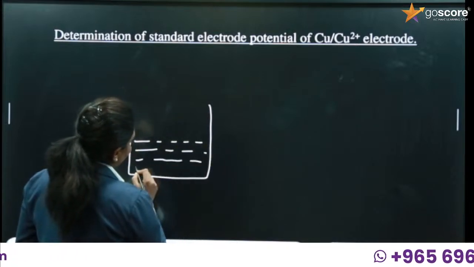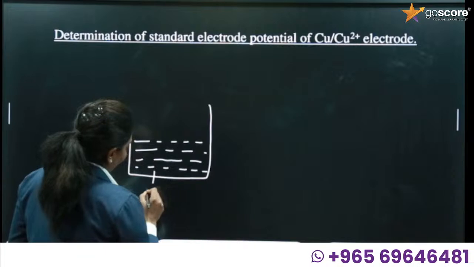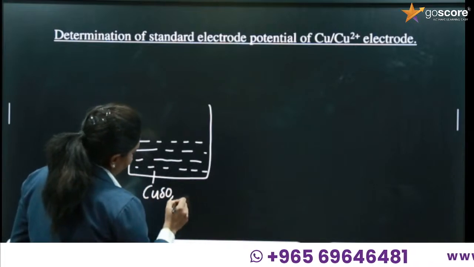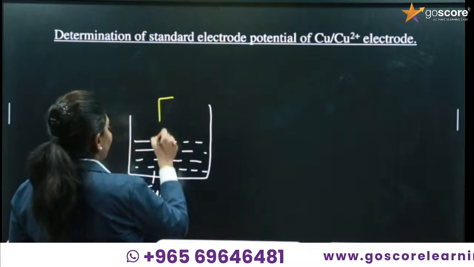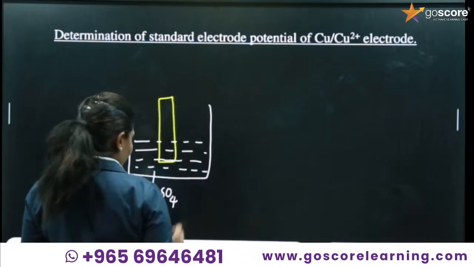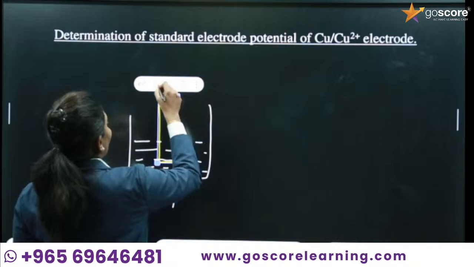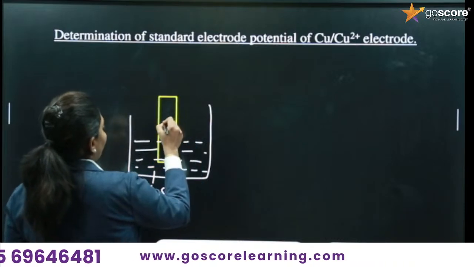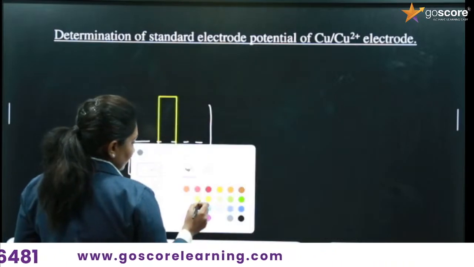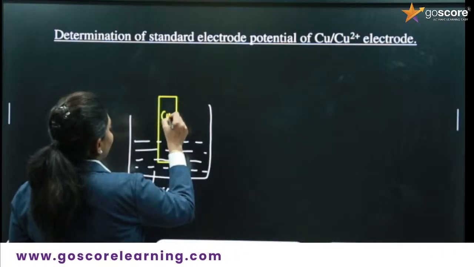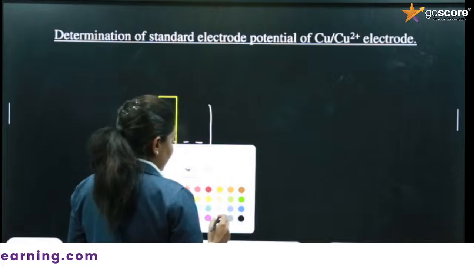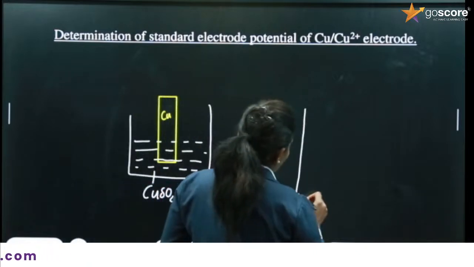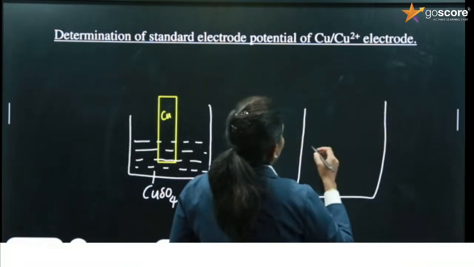this will be the copper sulfate solution we are taking, and we will dip the copper metal in it. The second half cell will be, of course, the standard hydrogen electrode.